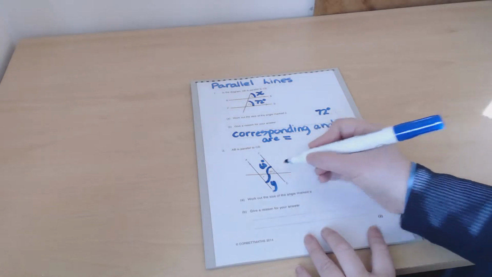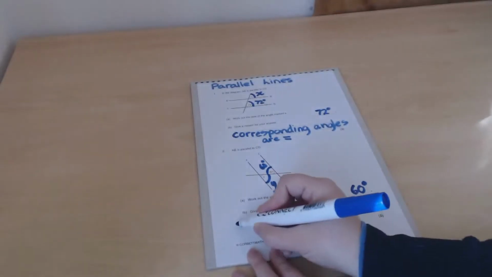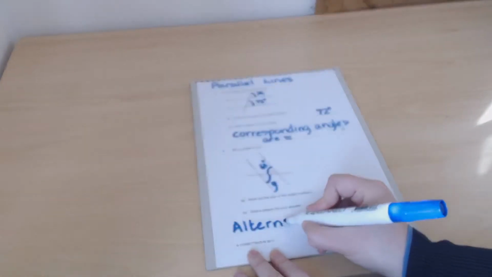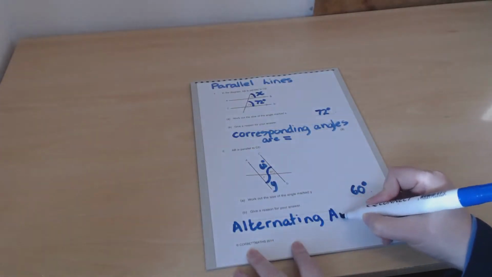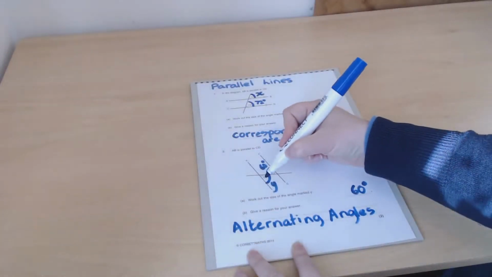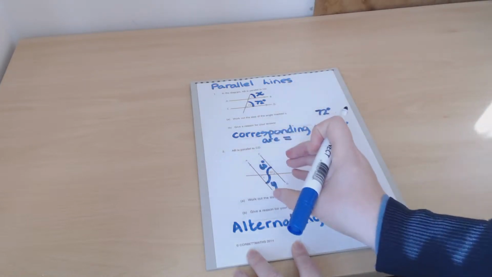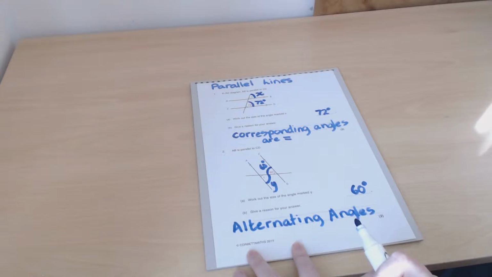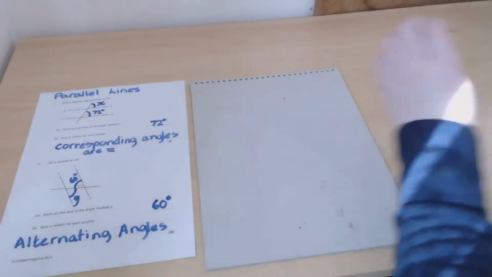So that means this angle here is also 60, but the reason for this is that these are called alternating angles. And that makes some sense if you think about what we mean by alternating. So we've got one angle on this side and the other angle on the other side. Notice they are both in between the parallel lines. So that's alternating angles.